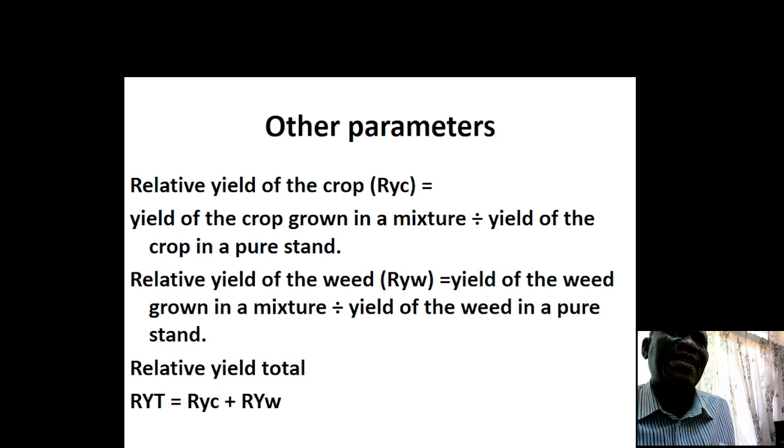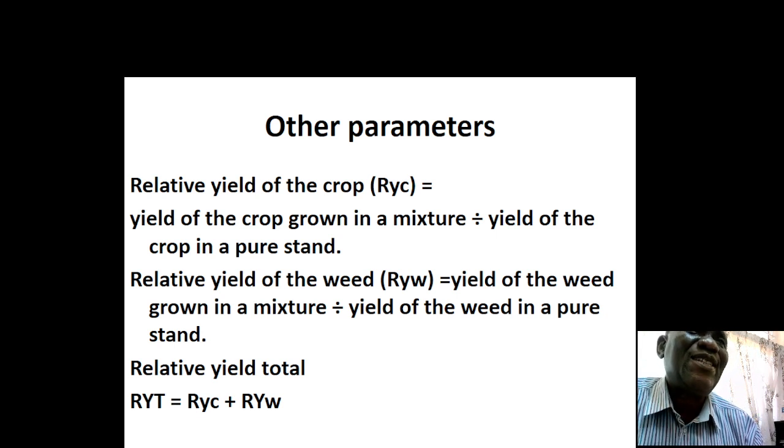We also have relative yield of the weed, which is yield of the weed grown in a mixture divided by the yield of the weed in a pure state. These are some of the parameters which we can use. We will see how they can be used.